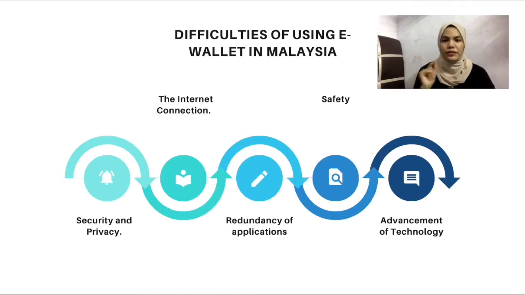Number 2 is our internet connection. We use mobile data outside at shopping malls and any shop to make payment, and the internet connection is usually very awful.